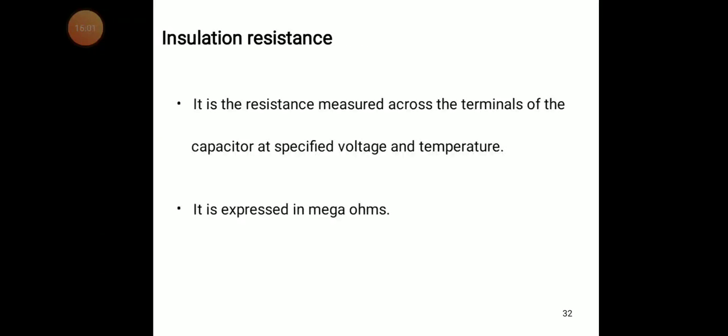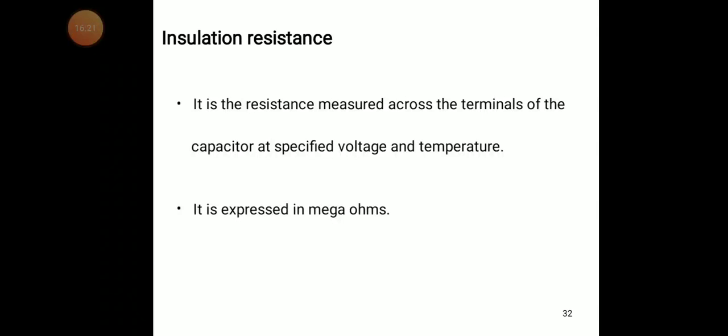The next specification is insulation resistance. What is the insulation resistance? It is the resistance measured across the terminals of the capacitor at a specified voltage and temperature.